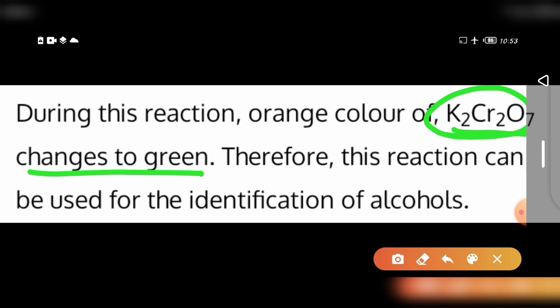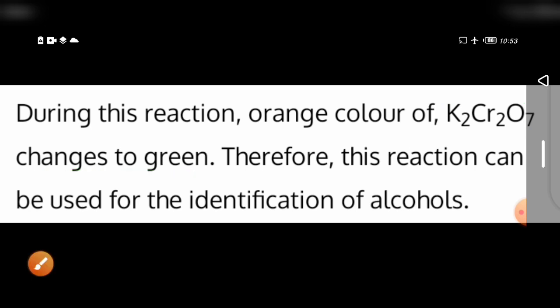You know very well, in the examination of drunk driving, they use this to identify whether the man drank alcohol or not, by the color change of the potassium dichromate.